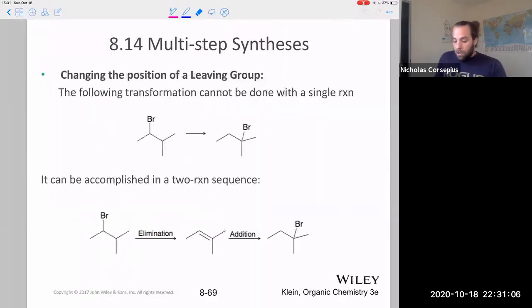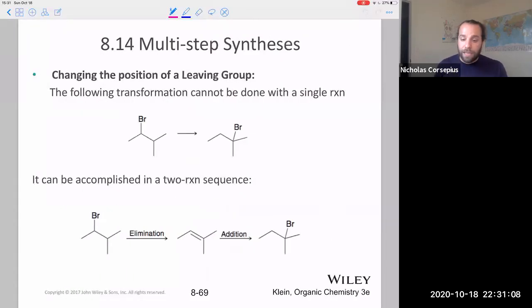Another thing that we did in multi-step synthesis is the idea of changing the position of a leaving group, okay? So you got a lot of practice with this with last week's challenge problem, but maybe it wasn't obvious, the pattern here, which is you're always doing the same thing: first an elimination, followed by an addition, right?